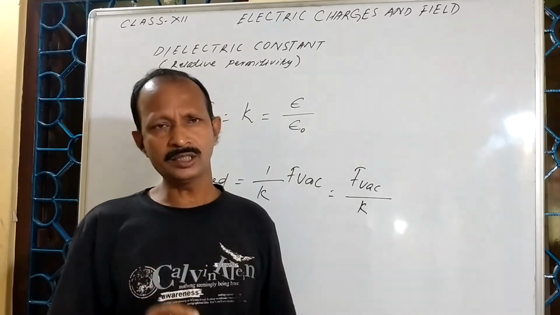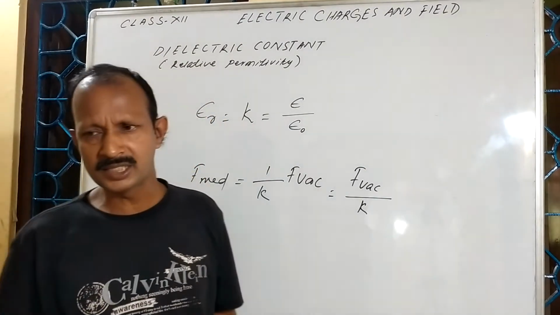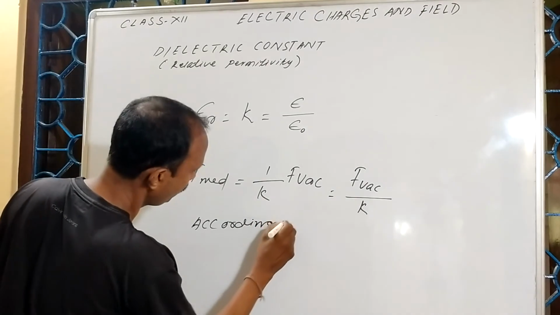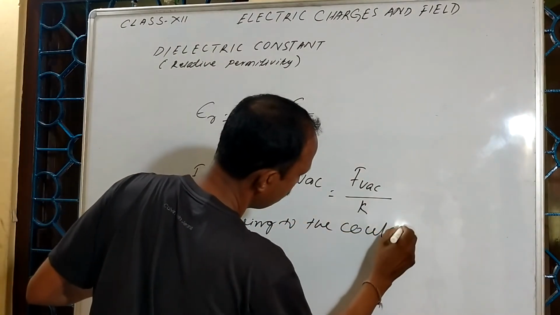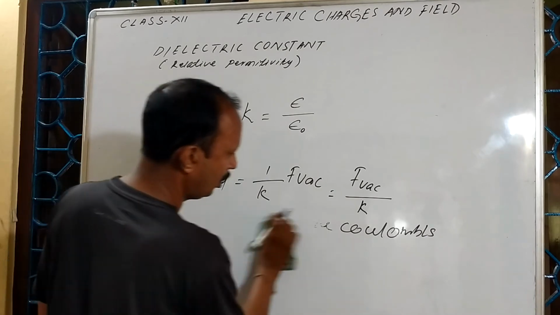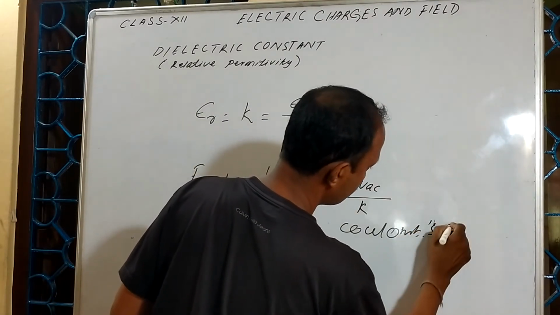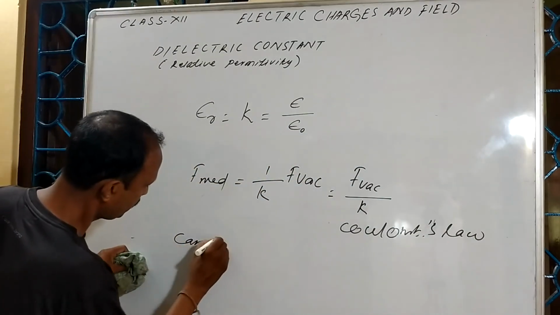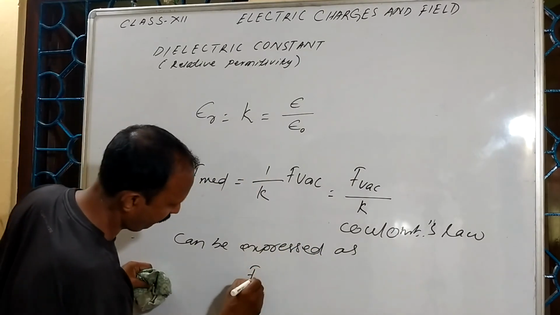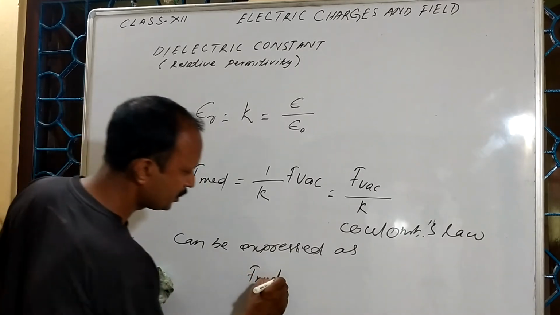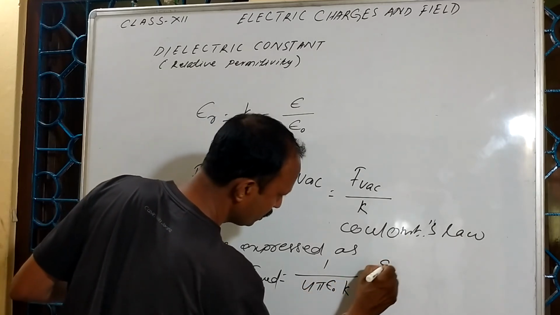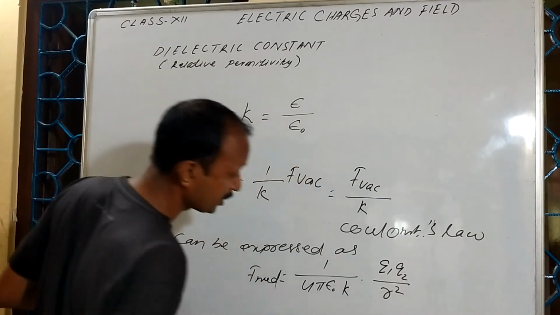So in case of Coulomb's law, if the material medium is there, then Coulomb's law can be expressed as force in a medium is equal to 1 by 4 pi epsilon naught K into Q1 Q2 divided by R square.